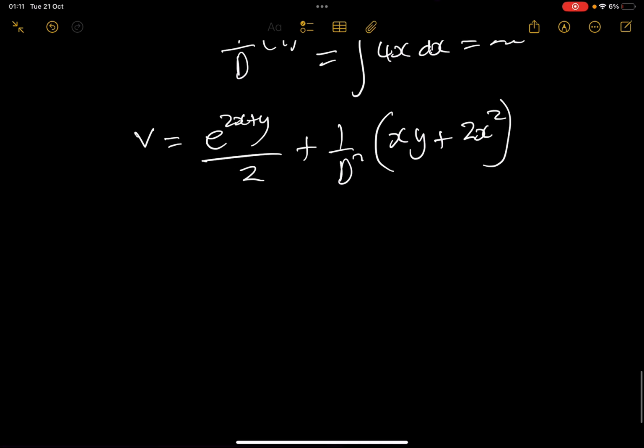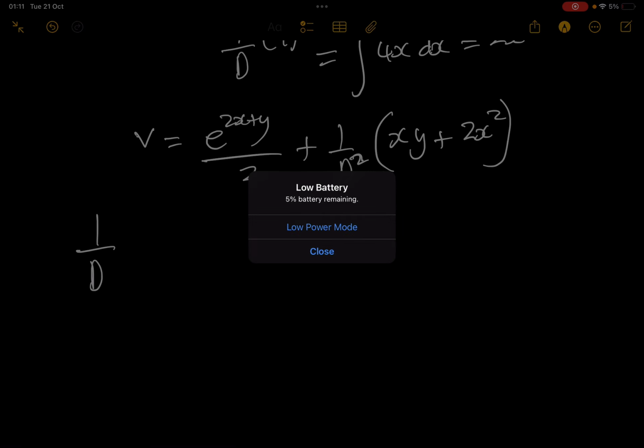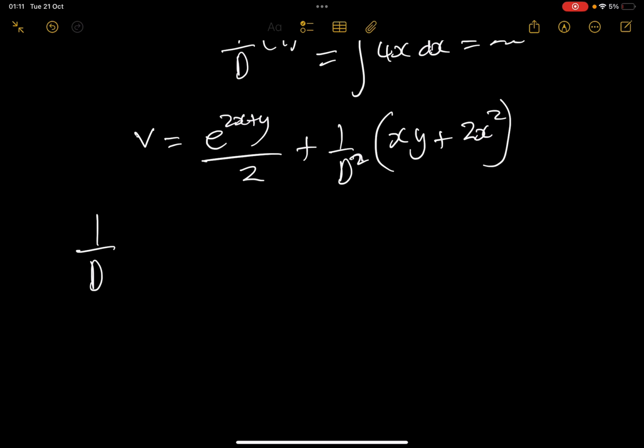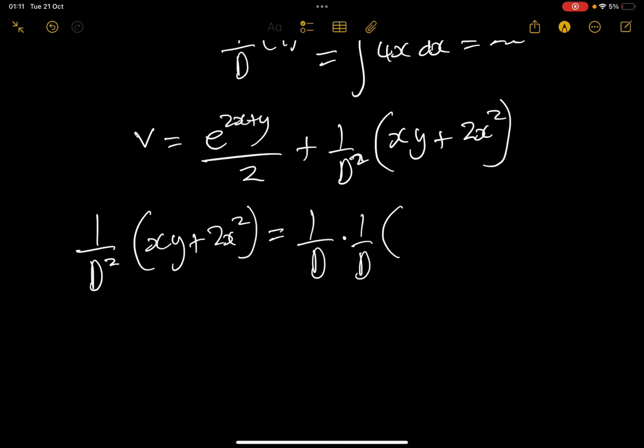So again, we need to evaluate these parts of the operator. So 1 over D squared of xy plus 2x squared is the same thing as 1 over D times 1 over D of xy plus 2x squared.